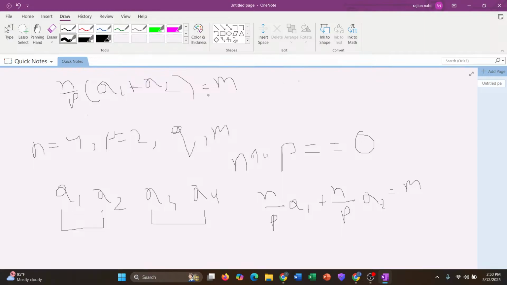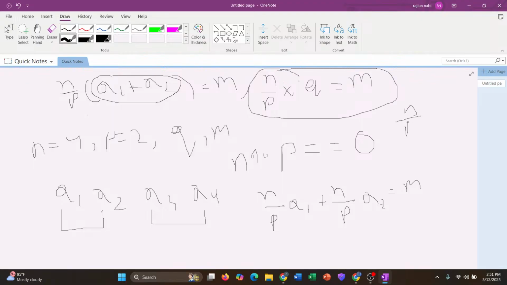Then the sum of p consecutive elements has to be q, right? Then we can write n divided by p into q equal to m. This equation has to be satisfied. If this is satisfied, n divided by p into q equal to m, then the answer exists.